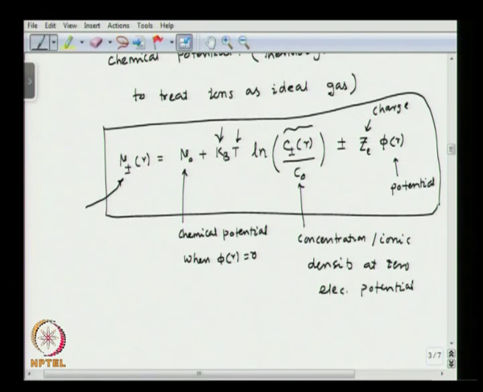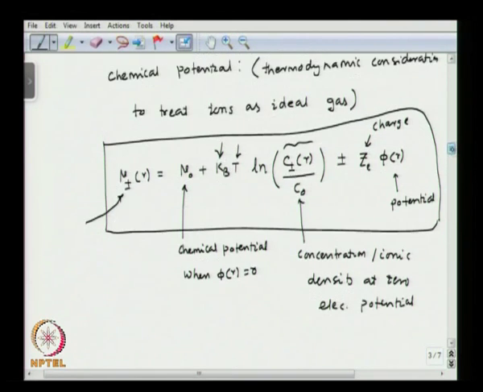Okay. Now, if we talk about thermodynamic equilibrium, the chemical potential inside the ionic liquid has to be uniform. If it is not uniform, the charges or ions can reorganize themselves to generate energy. So for the thermodynamic equilibrium consideration, the chemical potential must be uniform. So the gradient of the chemical potential must vanish.